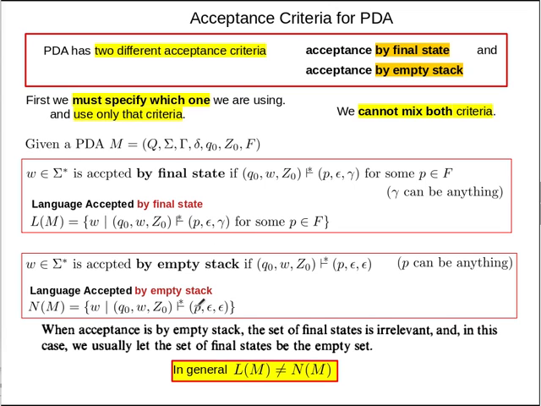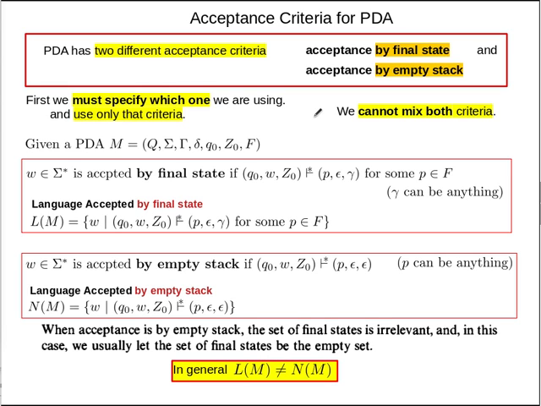Here the state can be anything, but the stack has to be empty. And while using this criteria, we generally keep this F as empty because that is not required. And in general, for the same machine M, you can get two different languages. One is L of M, one is N of M, and they in general may not be the same. Okay, so this is what we said last time.